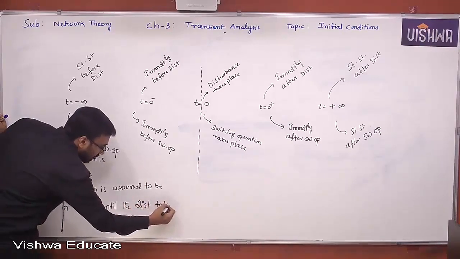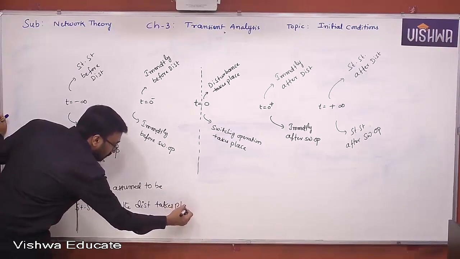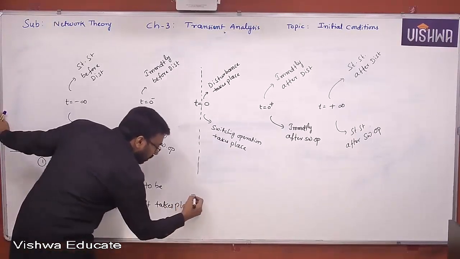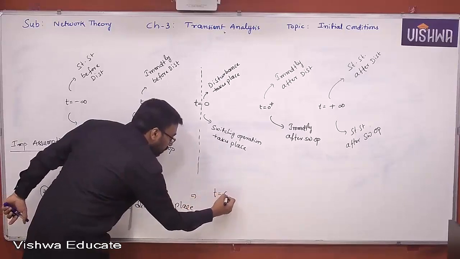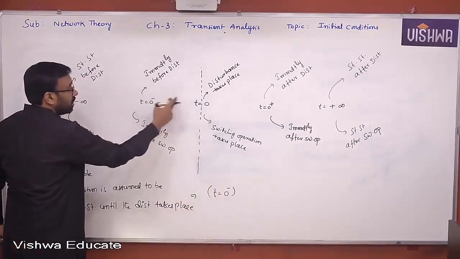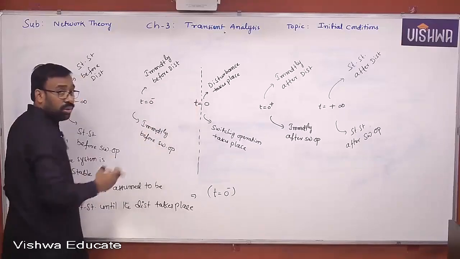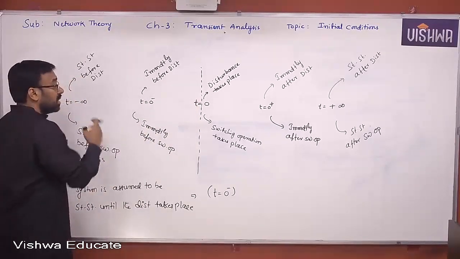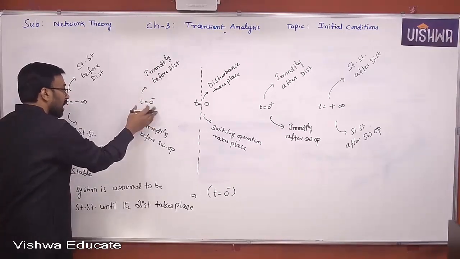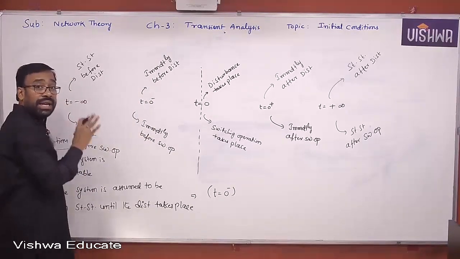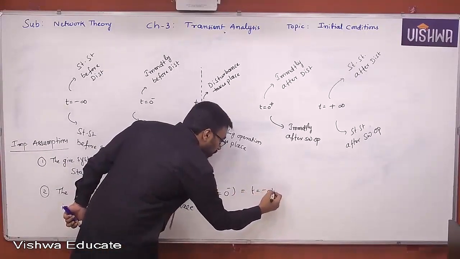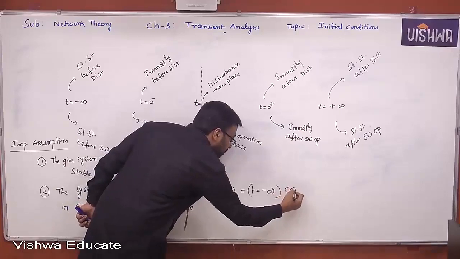I hope you understand this, all of you. Until the disturbance takes place, that means T equal to 0 minus conditions. What do you mean by until T equal to 0? The system is assumed to be in steady state. That means T equal to 0 minus conditions are the same as T equal to minus infinity conditions.